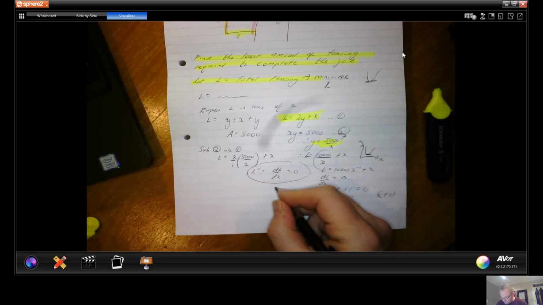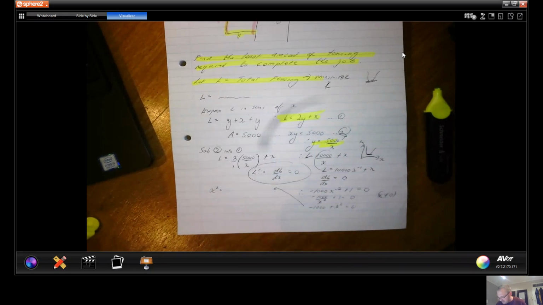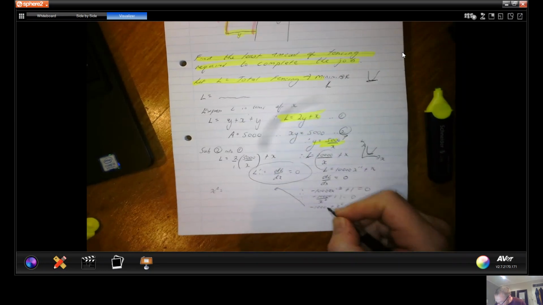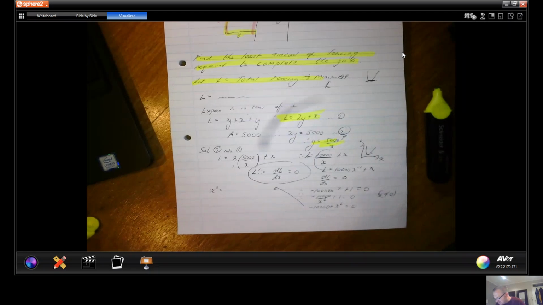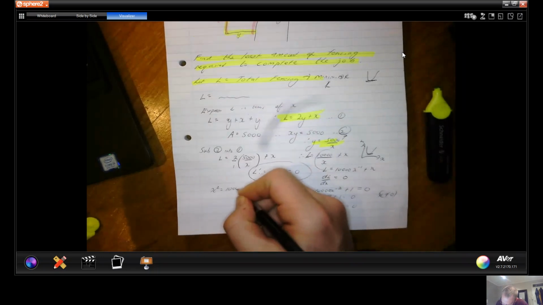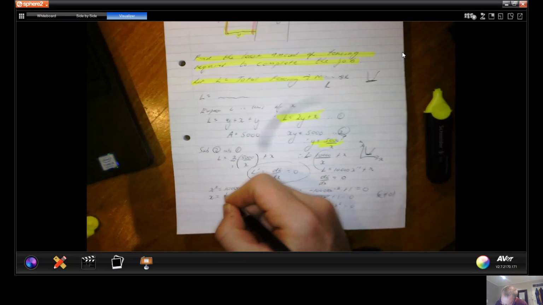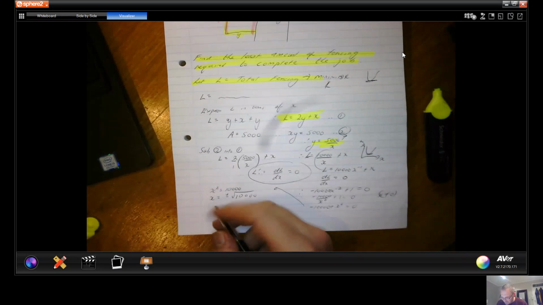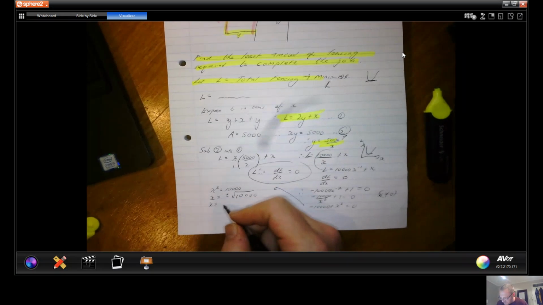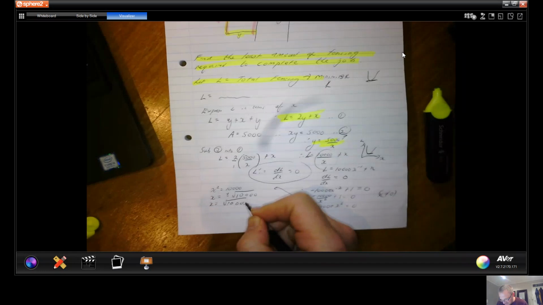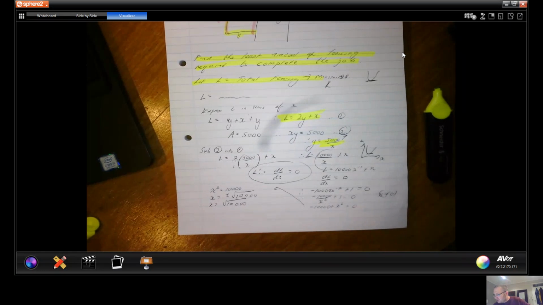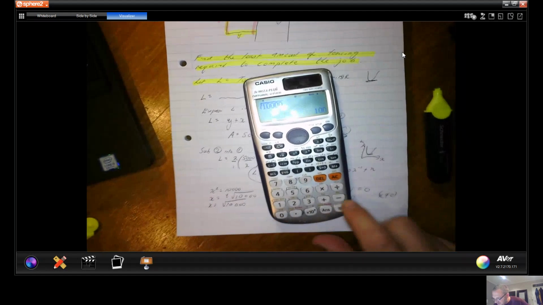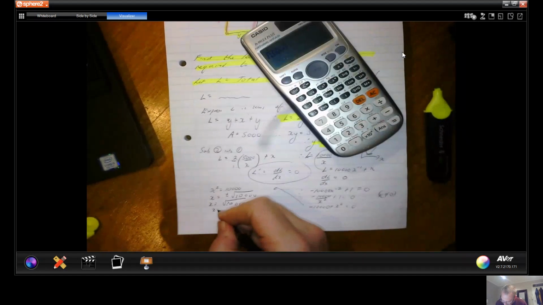So therefore x squared is equal to 10,000. So x is going to be plus or minus root 10,000, but x is a distance, so x can't be negative. So x is going to be equal to the square root of 10,000, and we can work that out. The square root of 10,000 is going to be 100, right? So x is equal to 100.